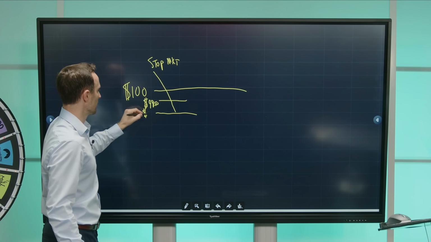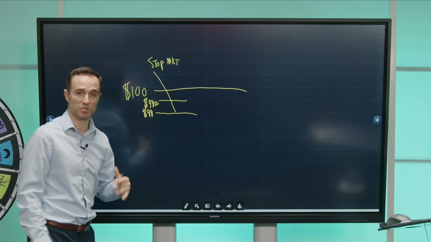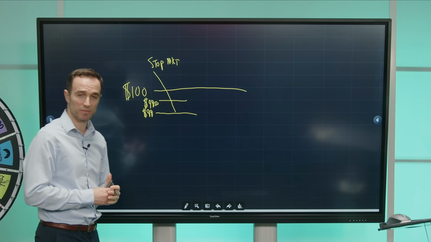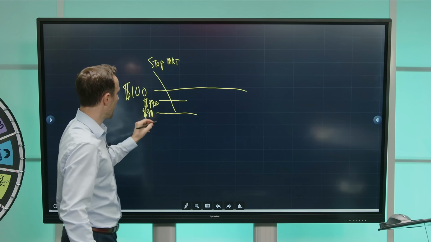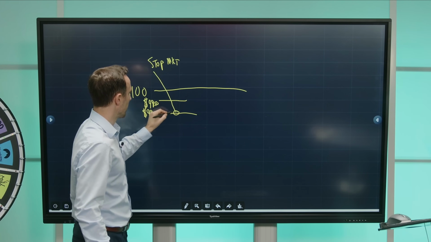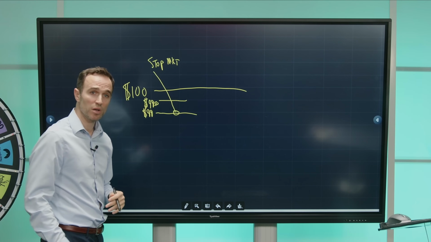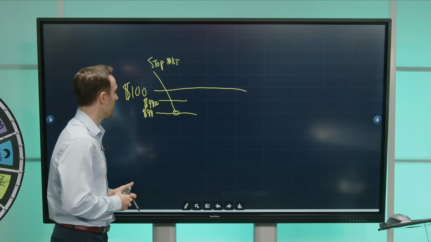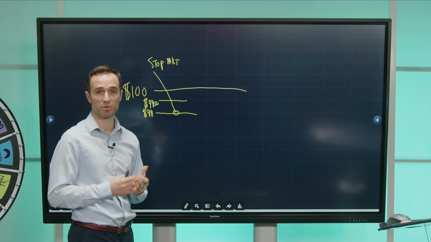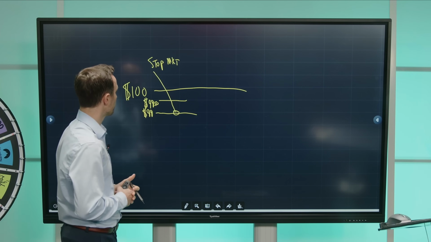at $99. Well, what happens? You've just clicked a stop market order. What happens is you end up getting out here 50 cents lower than where you planned to get out. So that's a 50-cent loss per share on that stock.